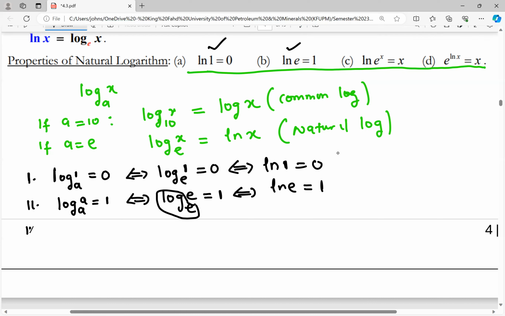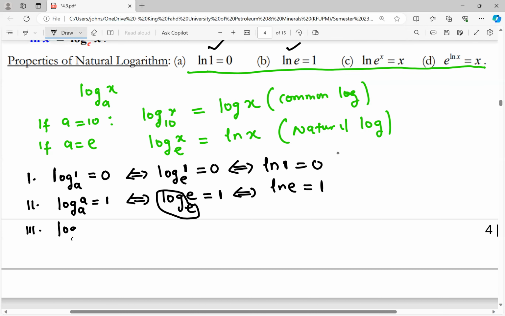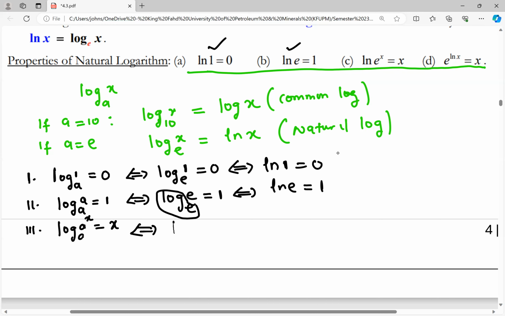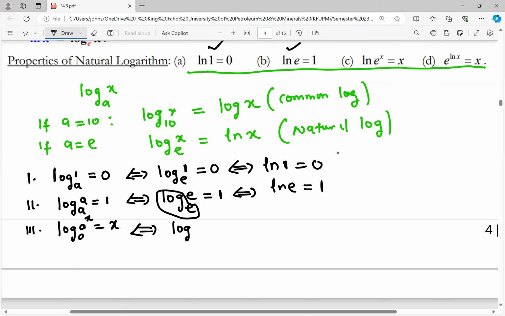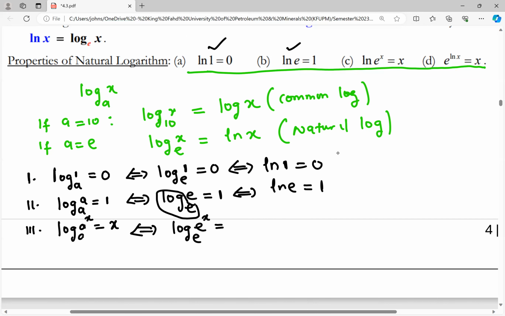Then the third one: we also saw that log to base a of a to the power x is nothing but x. Now if we replace a with e, we have log to base e of e to the power x, which is also going to be x.